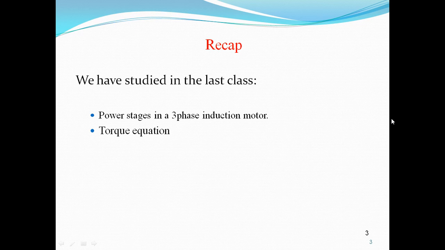I hope this is clear for everyone. Power stages, once again I will repeat. The stator input or motor input. From this, if you remove stator iron and copper losses, we get the rotor input.